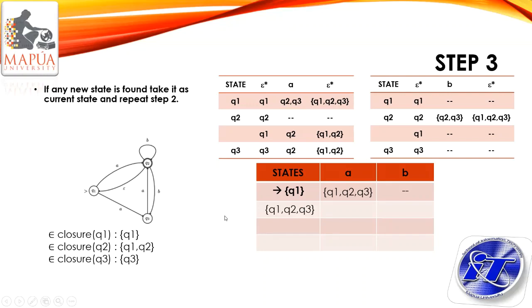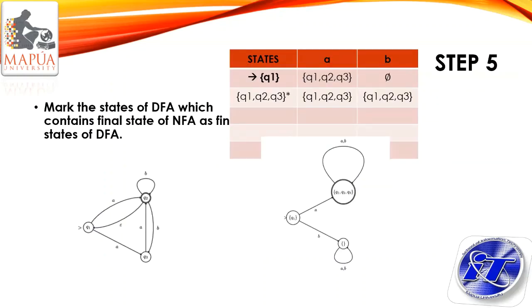For A, it will be Q1, Q3, so the union of all of this is just Q1, Q2, Q3. And for B, it will be Q1, Q2, Q3. Since there is no new state, we have Q1, Q1, Q2, Q3, and a null.